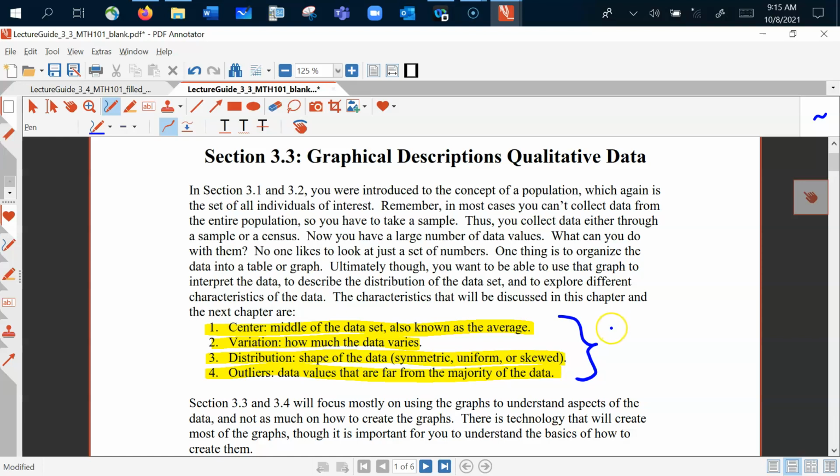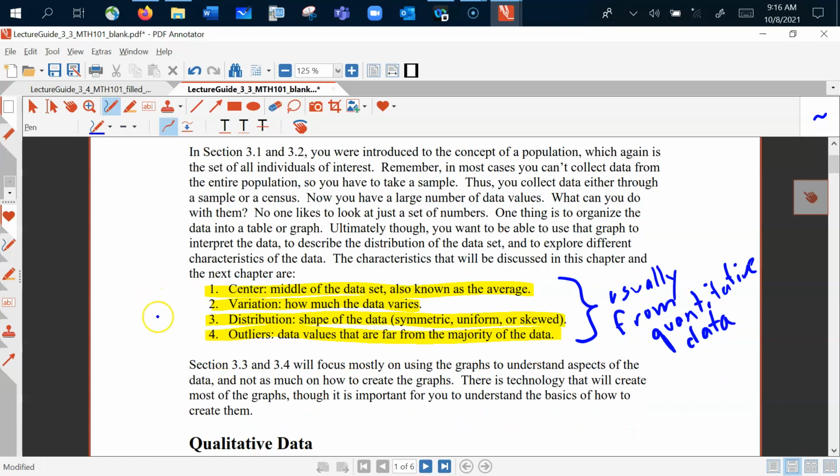So this is just to annotate this. This is usually from quantitative. And when I say usually, we could come up with the idea of a center, distribution, outliers for qualitative data, but it's very easy to pick these 4 traits out from quantitative data.